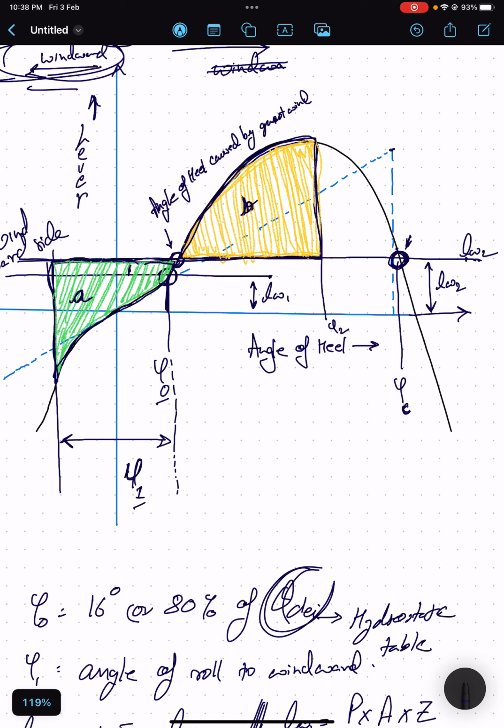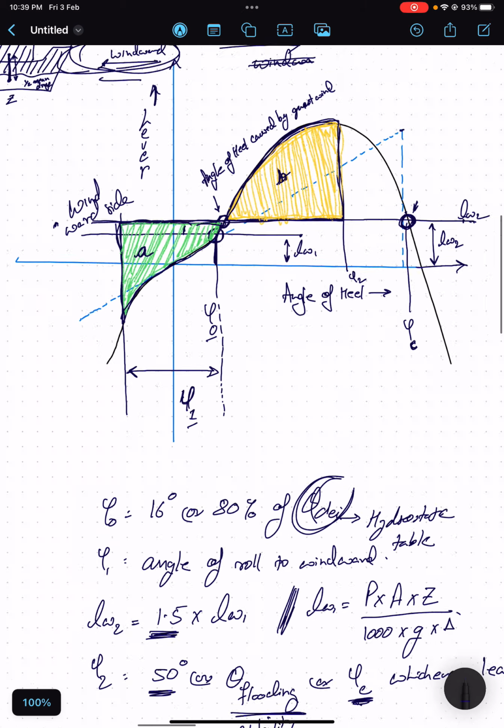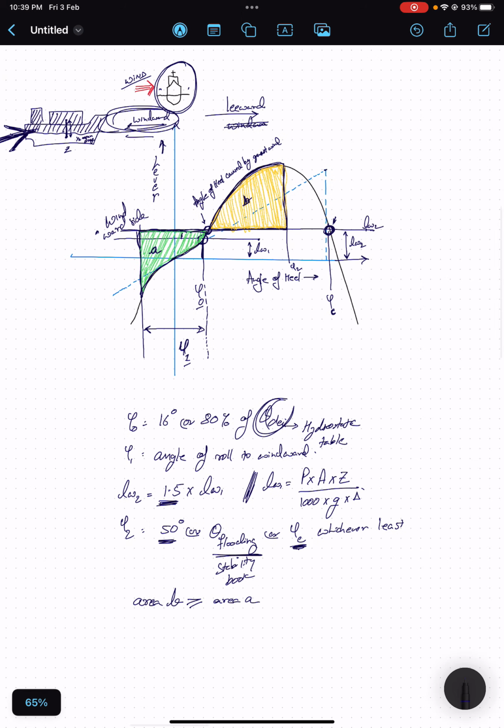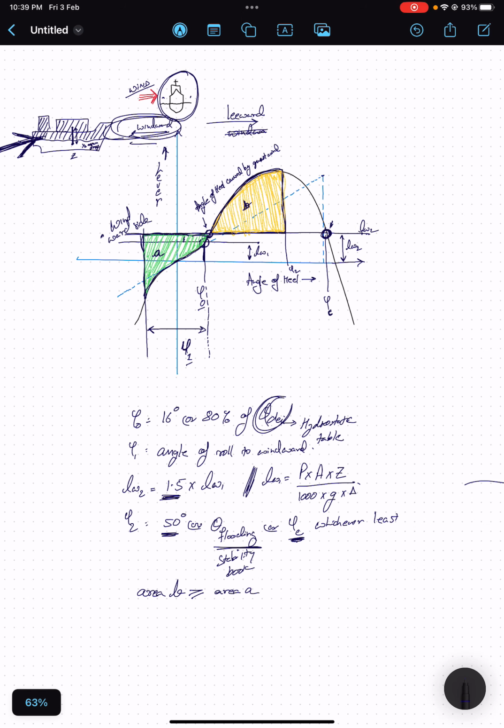It can also be known as residual dynamic stability for a vessel affected by gusting wind. Anything else remaining? Nothing. How would you calculate area B and area A? Area B and area A can be calculated with the help of Simpson rule, SR1 and SR2.